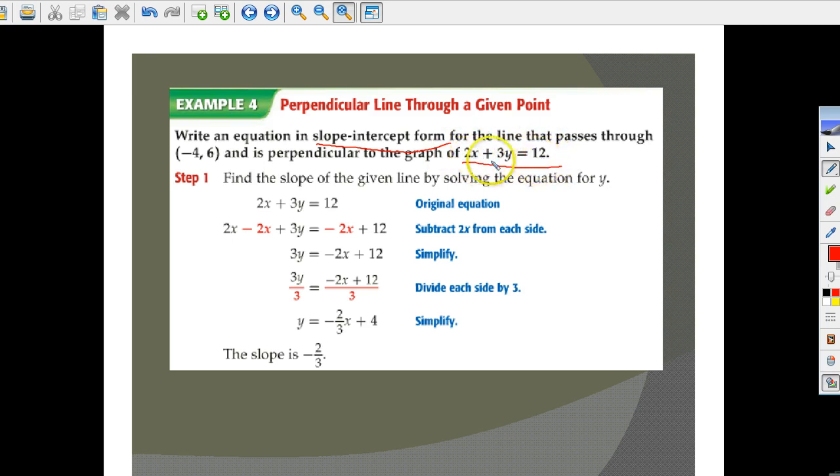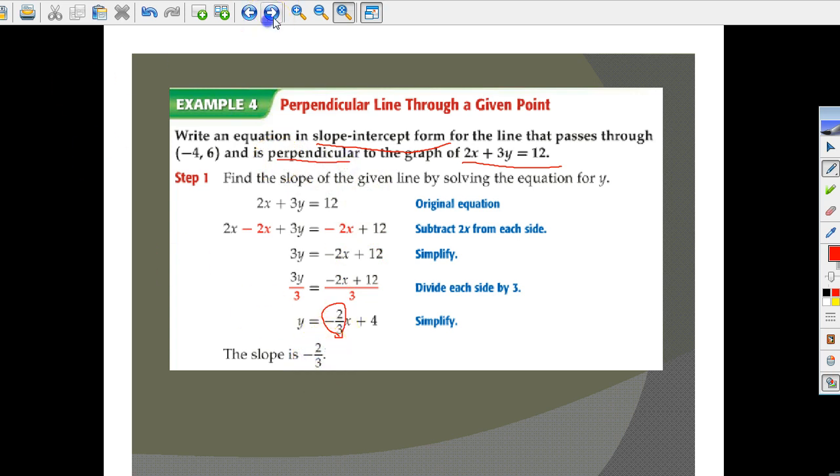So we're going to change this, move it around so it looks like y equals mx plus b. Here you take away 2x on each side, you get 3y equals negative 2x plus 12, divided by 3 on each side, and you get y equals negative 2 over 3x plus 4. By doing this, I know the slope is negative 2 over 3. Now, a line perpendicular to that will be positive 3 over 2.